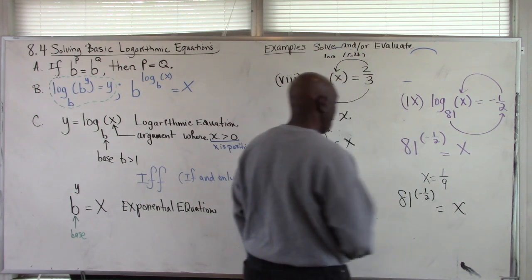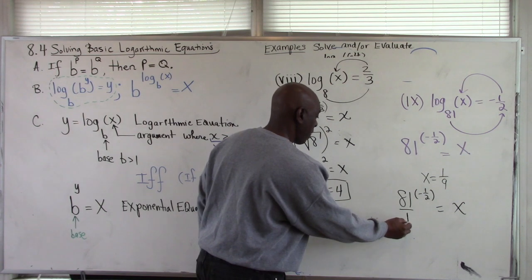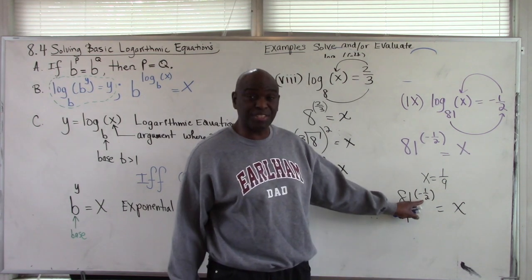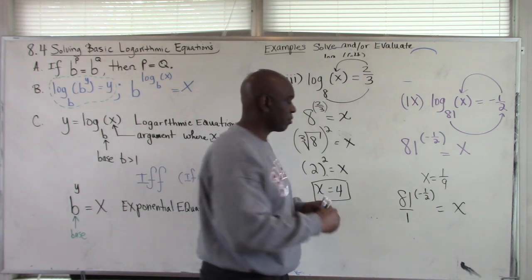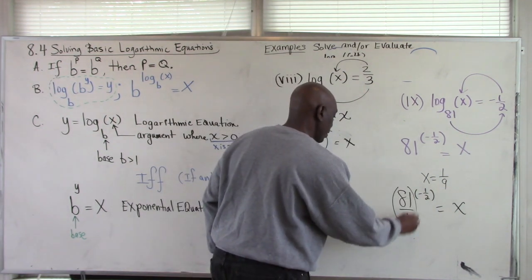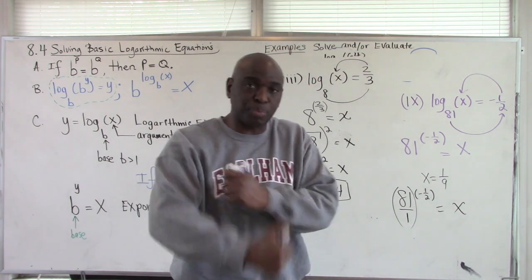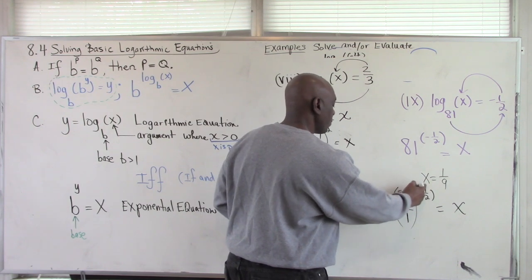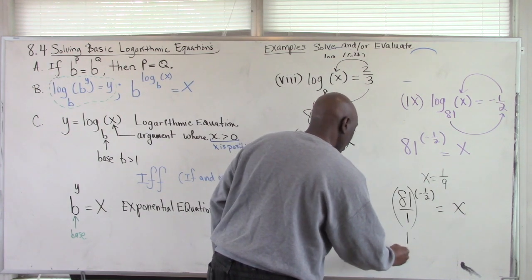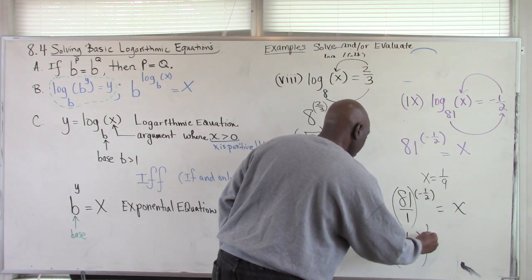If you did not have a calculator, and we have 81 to the -1/2 equals x, well, you know this is 81 divided by 1. Since our power is negative, this means you must take the argument and find its reciprocal. Here's the argument, 81 over 1. So 81 over 1 to the negative 1/2 is the same as 1 over 81 to the positive 1/2.